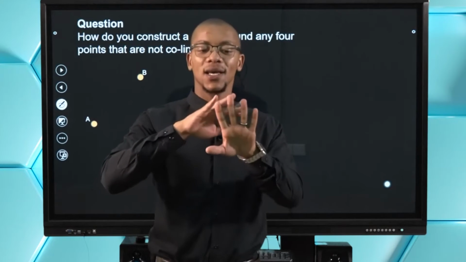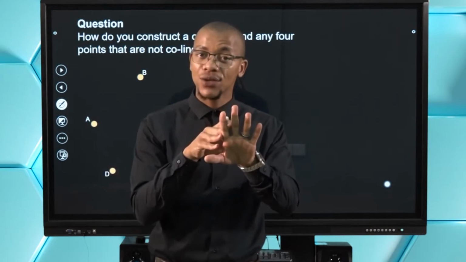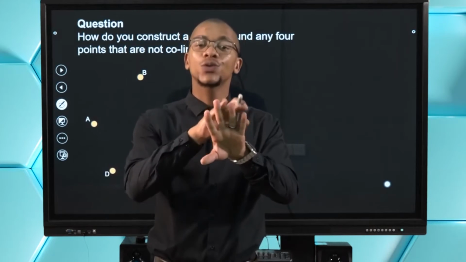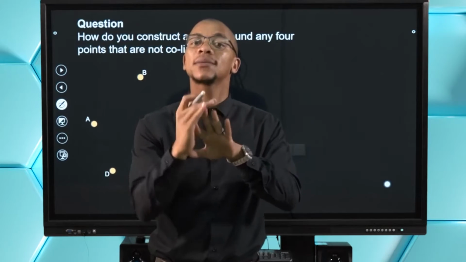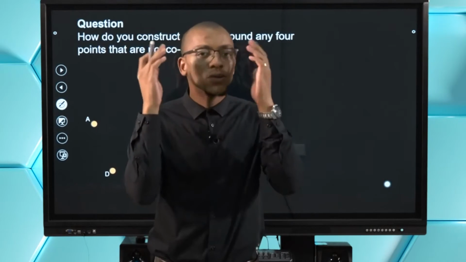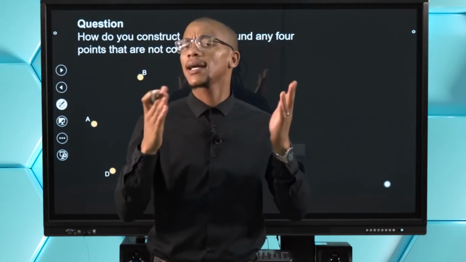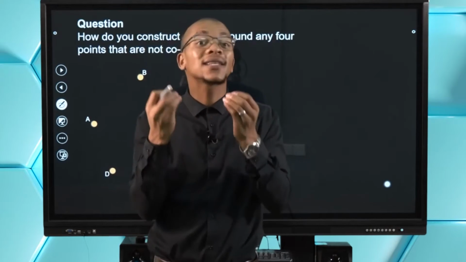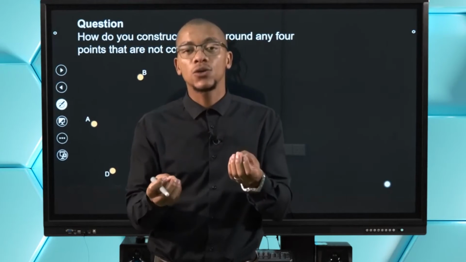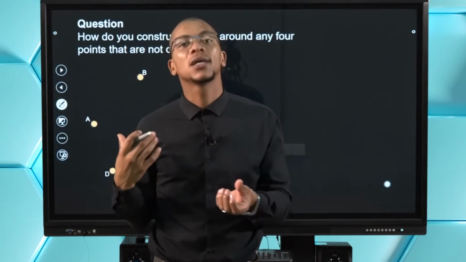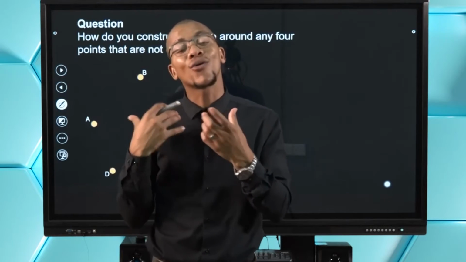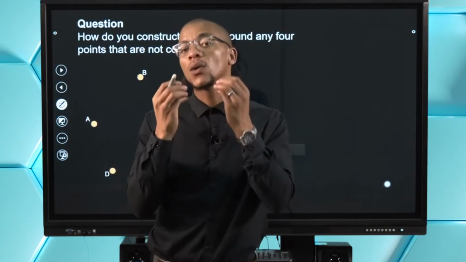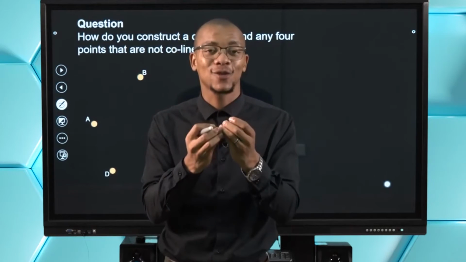Remember we said if I have 4 points on the circumference of the circle and 2 angles that are on the same segment are equal to each other, then it introduces the concept of what? Angles in the same segment. So that's the concept we can use to try and construct this particular circle around these 4 points that are not collinear to one another.